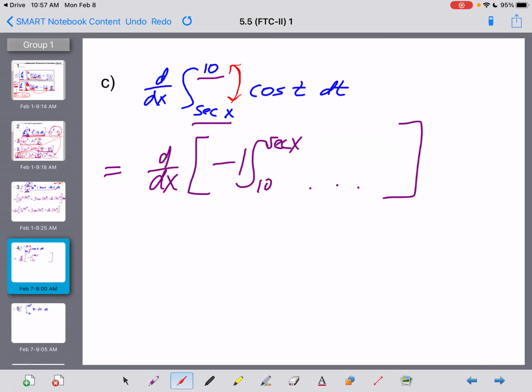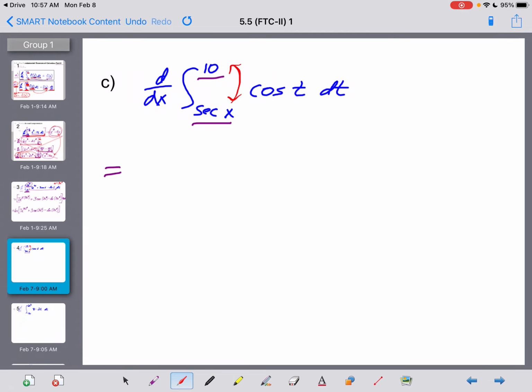And now I would probably apply a rule that we learned a long, long time ago that says that the derivative of a constant times a function is really the same as bringing that constant out in front of the derivative and just taking the derivative of the function. So for that reason, I'm going to erase everything I've written here, and I'm going to move the negative all the way out in front of the derivative. But I did want to explain why that's okay to do.